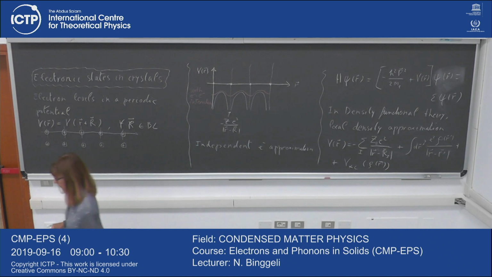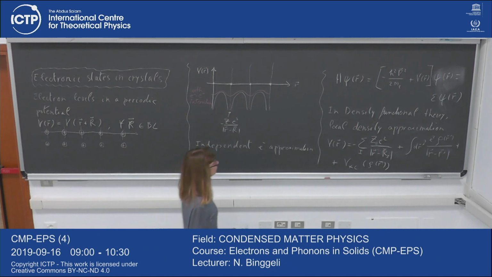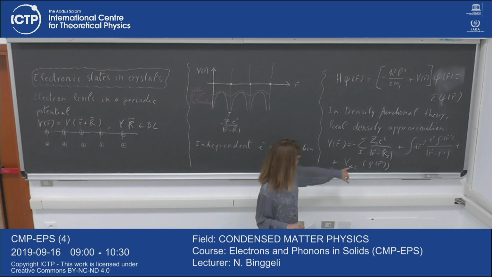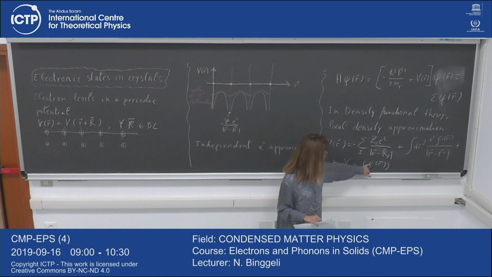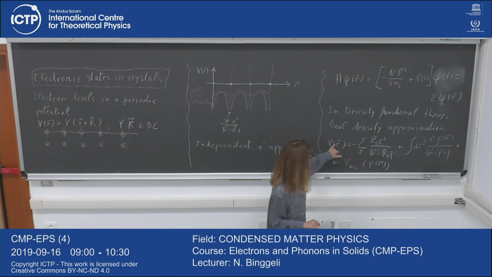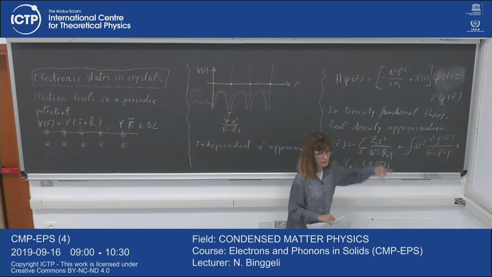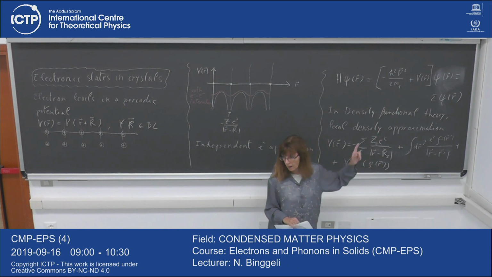The most general potential that would not be within the local density approximation would be a potential where the value at the position R depends on the charge density at any other point, so R prime.